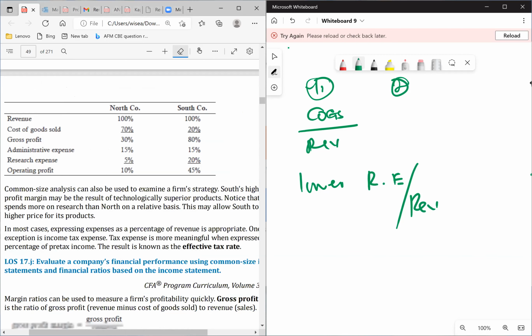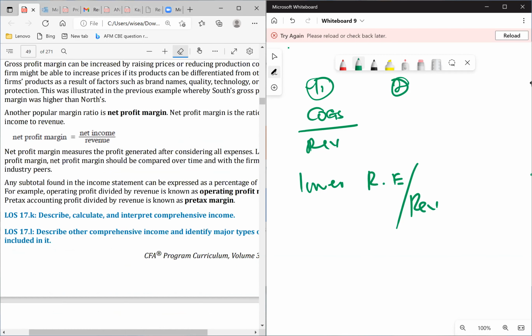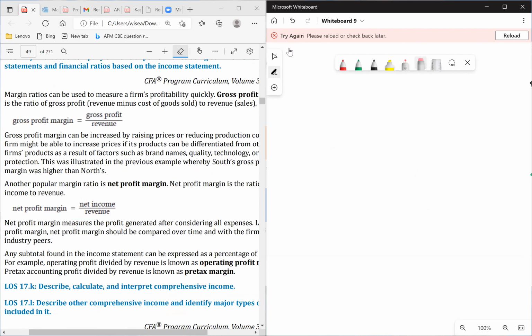Okay. Then the other ratios that are very common to us, we'll go to ratios soon, but we have the net income as a percentage of revenue. This is your net margin.